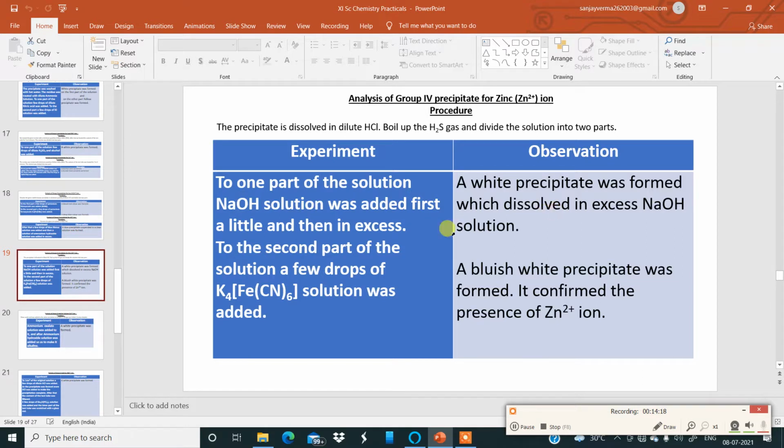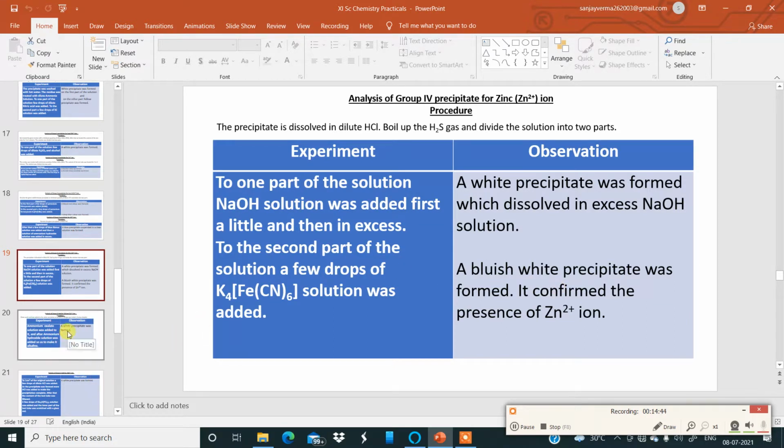Now to the second part of the solution, a few drops of potassium ferrocyanide solution was added. A bluish white precipitate was formed, which confirmed the presence of zinc ion.